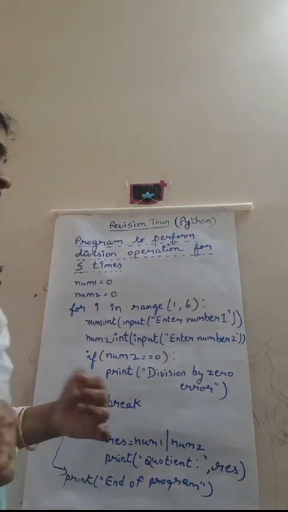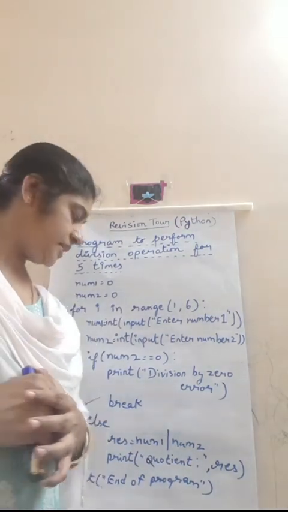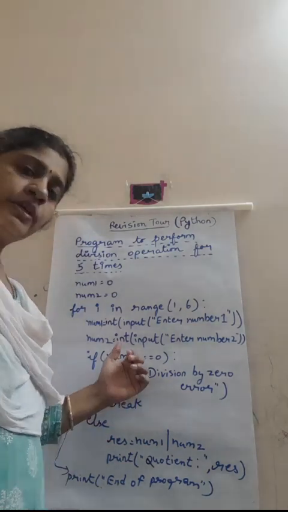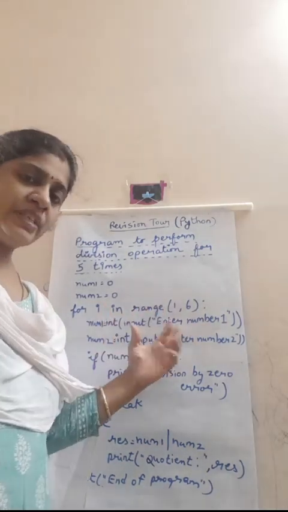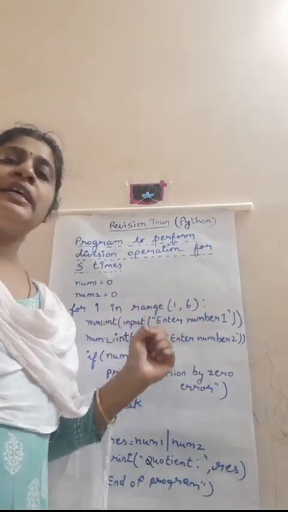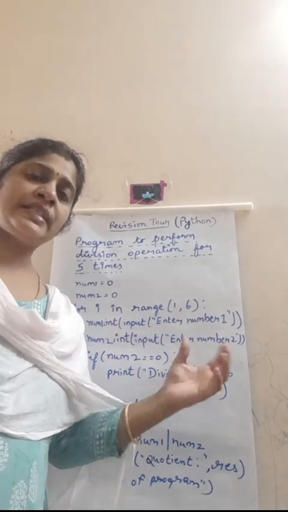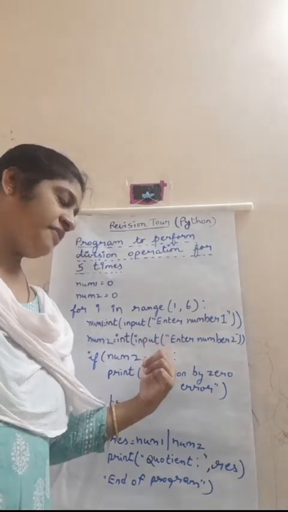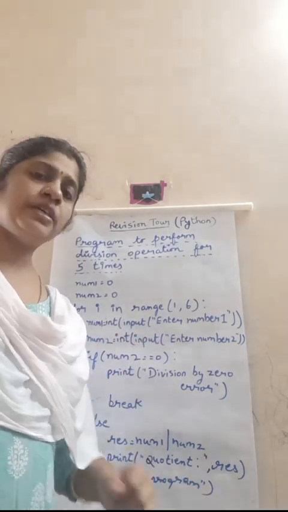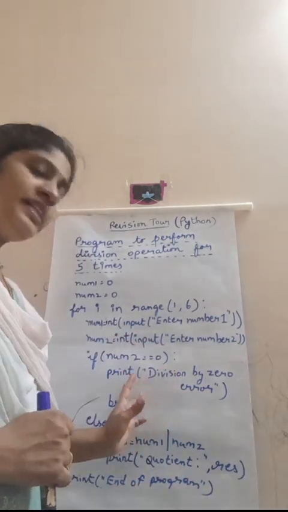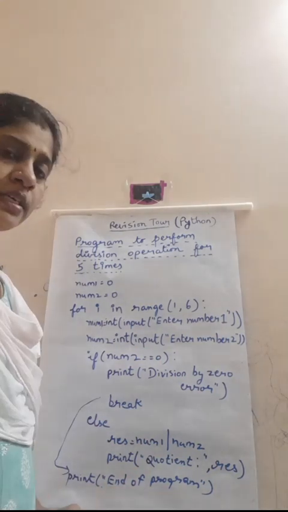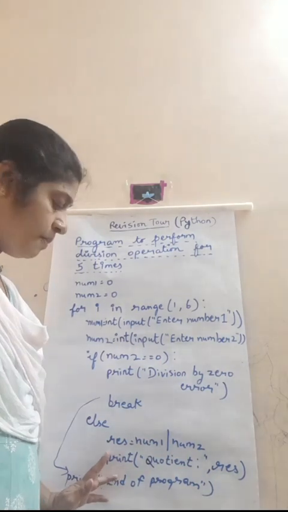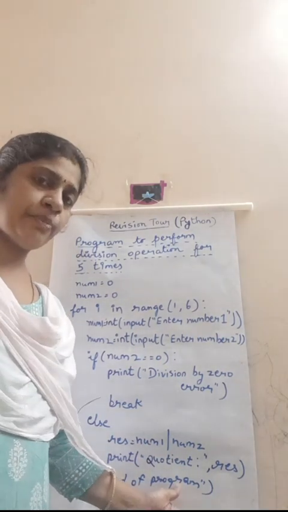So this is how we use the break statement. We are taking 5 numbers from the user, and I am checking whether number 2 is 0. If it is 0, I am just coming out of the loop. The break will jump to the statement following the for loop, and it will display the message end of the program.